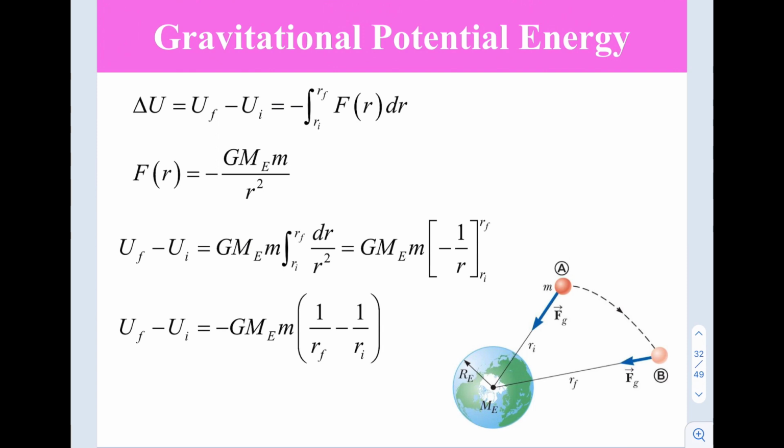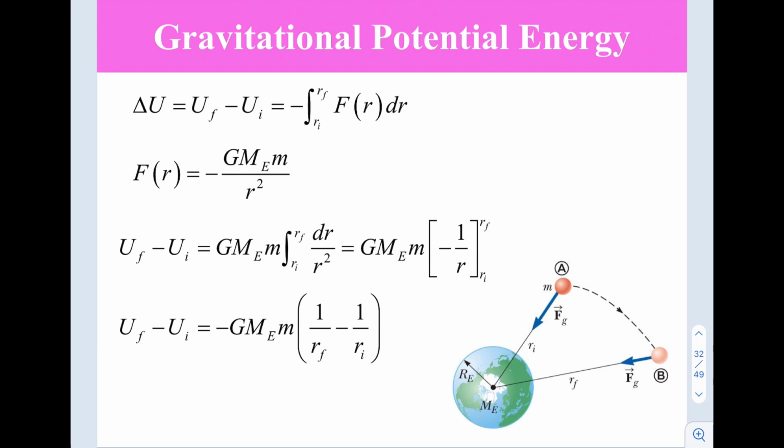If we rearrange this equation, F as a function of r is equivalent to negative G m of the Earth, m of the object, over r squared, where r is center to center, remember.